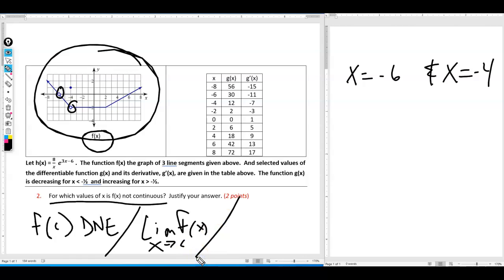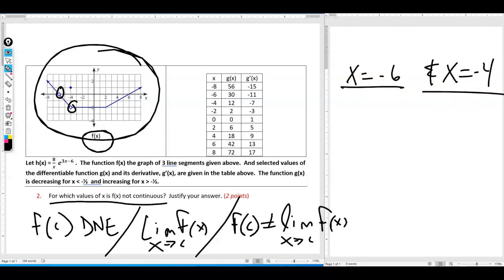And the final way it could fail to be continuous is that even though the function exists and even though the limit exists, those two things fail to be the same. Okay, so we have two situations here where we can tell just by looking at the graph that it's not continuous, but we have to accurately state why it's not continuous at those particular points.